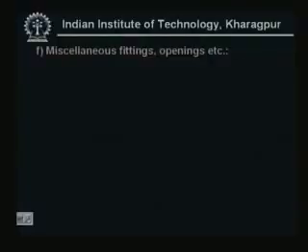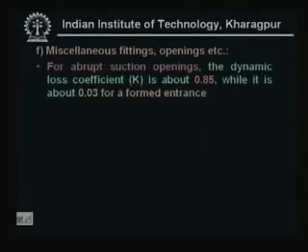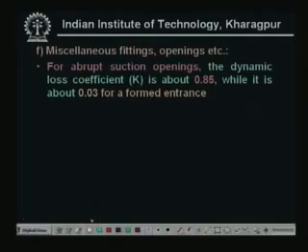Now, we may also have other miscellaneous fittings and openings. For example, you can have abrupt suction openings. Suction openings means, for example, you have a fan and suddenly air has to flow into the opening from the fan side. So you have again a fitting here.